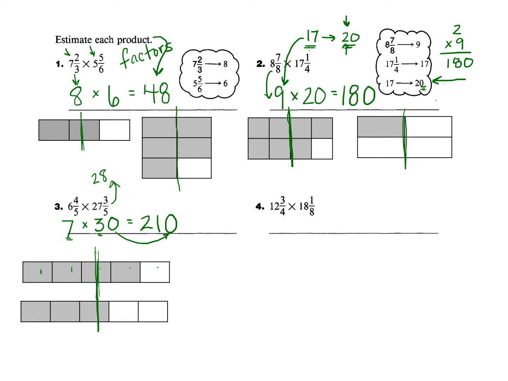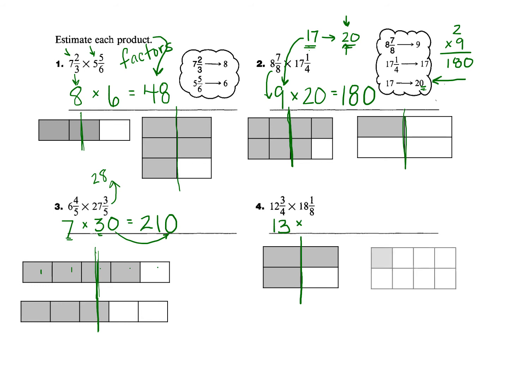Question number 4. 12 3/4 times 18 1/8. So we have 3/4 here, and half is right here. So this would round up to 13. And 18 1/8, that obviously is definitely less than half.